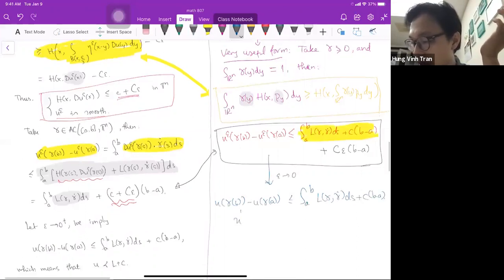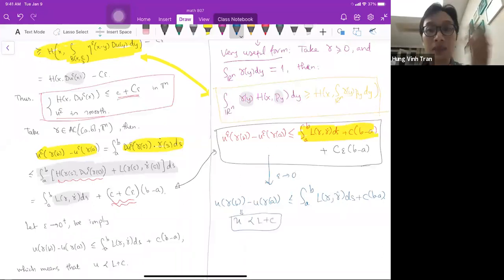We have got that u is bounded by L plus C. The interpretation of u being bounded by L plus C is a sort of Lagrangian platform, saying that u is dominated by this action functional.